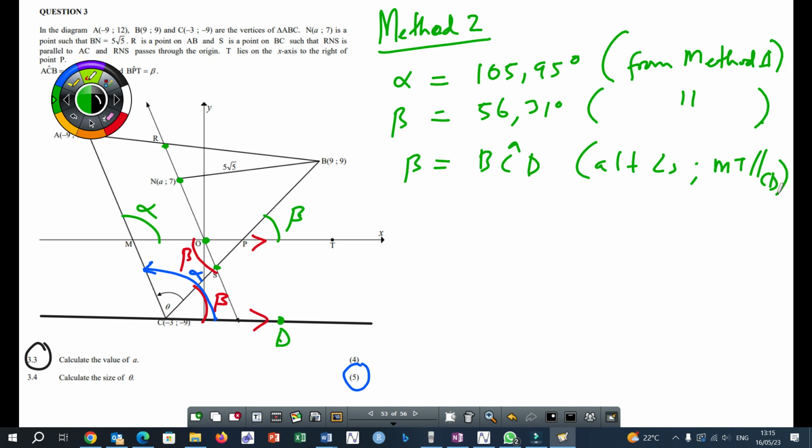If you have got your own diagram, then you label it the way you like. Once I have that, then I can say, therefore, theta is going to be alpha minus beta, which is 105.95 minus 56.31.